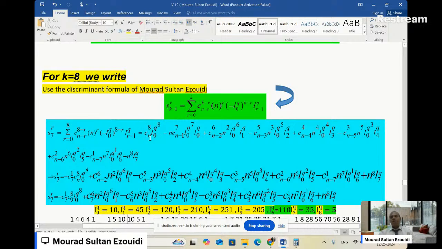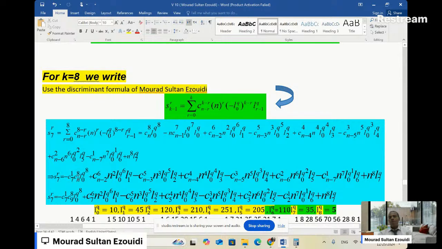So this one is equal in fact to combination n choose 8 times 0.2 raised to the power 8 minus n times combination n minus 1 choose 7 times 0.2 raised to the power 7 times 0.2. I put it outside the brackets, and the difference between combination n choose 8 and combination n minus 1 choose 7 is minus combination 7 choose 1 times combination n choose 8.